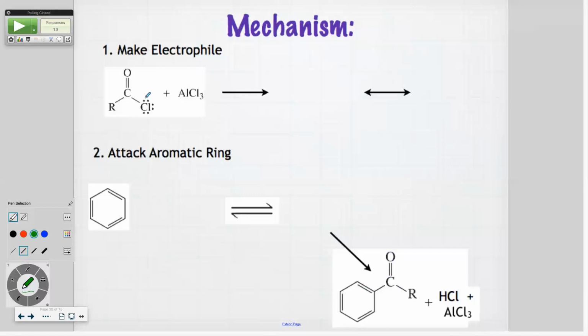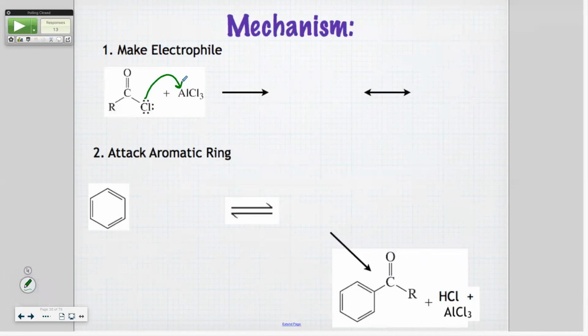All right, so these electron pairs go to the aluminum. When they do that, these electrons leave. So you get R, C double bond O plus, like that. That's a plus.